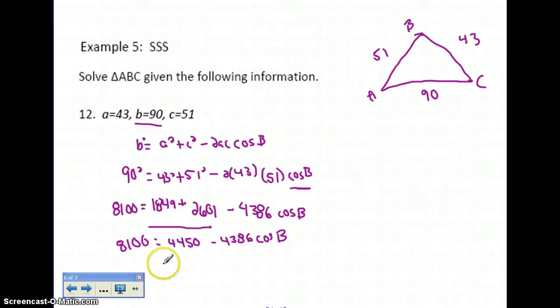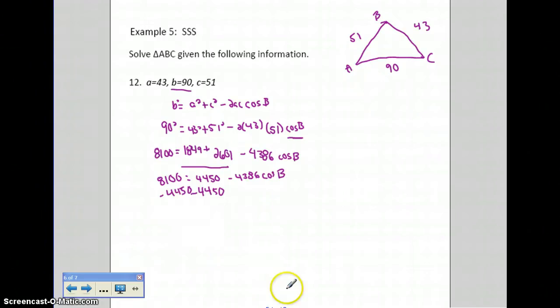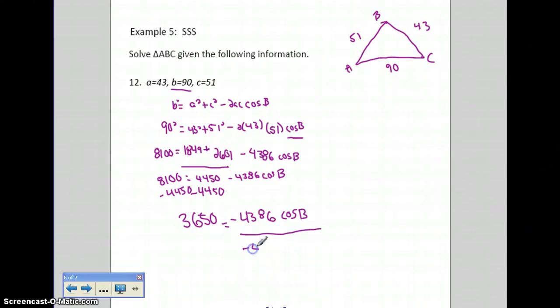Okay? So I'm going to subtract 4450 from both sides. So when I do that, I get 3650 equals negative 4386 cosine B. I want to get cosine B by itself, so I'm going to divide both sides by negative 4386.